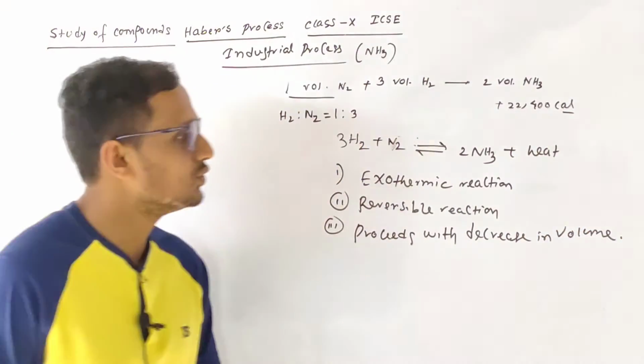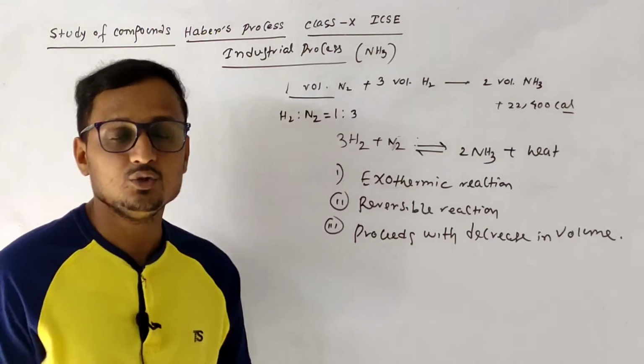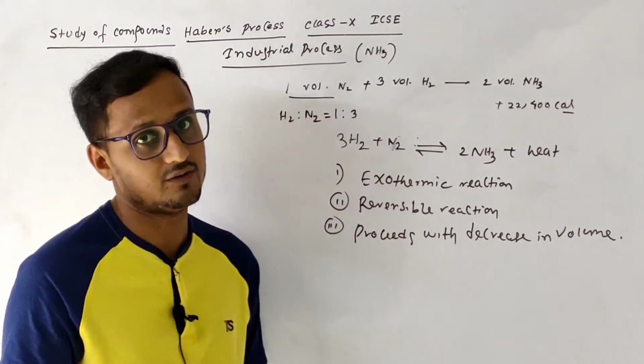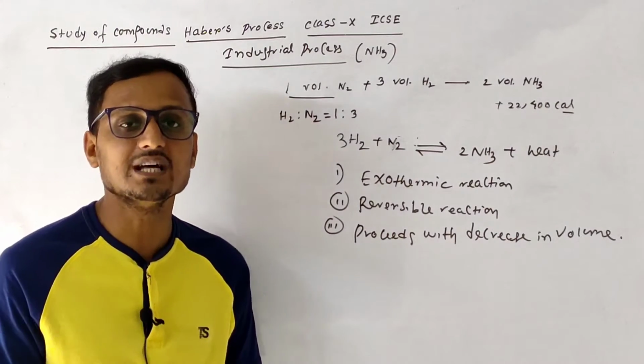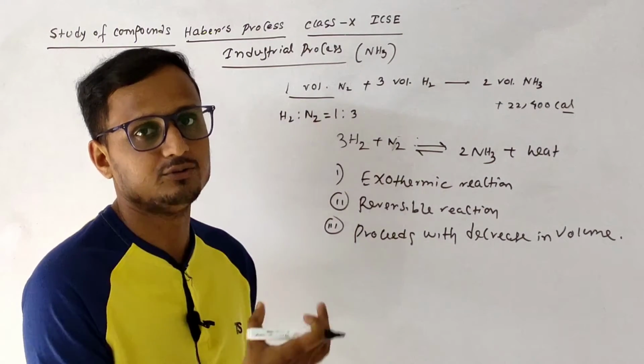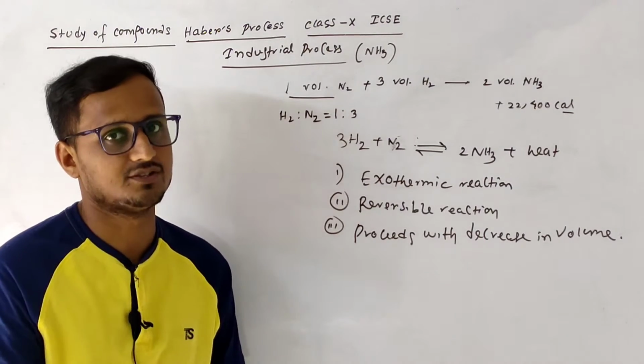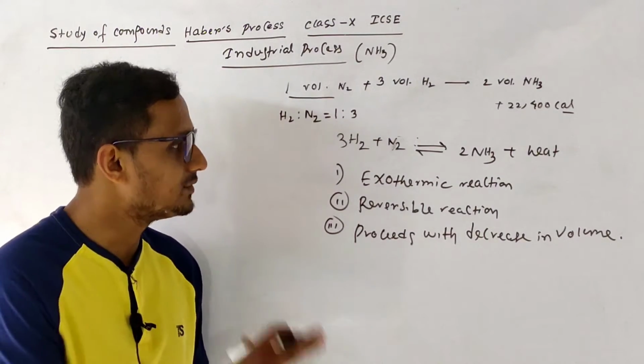Clear? Now, as it is an exothermic reaction, to get the maximum yield of ammonia from this reaction, we have to follow some conditions, and without those conditions we cannot get much ammonia in the product. As it is exothermic, reversible, and proceeds with a decrease in volume, we have to follow some conditions.